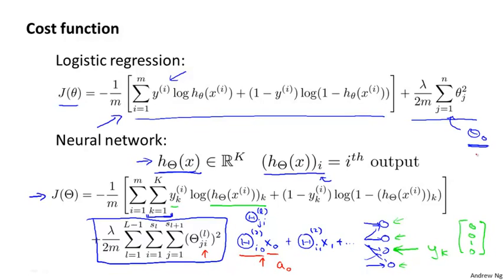And by analogy to what we were doing for logistic regression, we won't sum over those terms in our regularization term because we don't want to regularize them and shrink their values to 0. But this is just one possible convention, and even if you were to sum from i equals 0 up to S_L, it'll work about the same, and it doesn't make a big difference. But maybe this convention of not regularizing the bias term is just slightly more common.